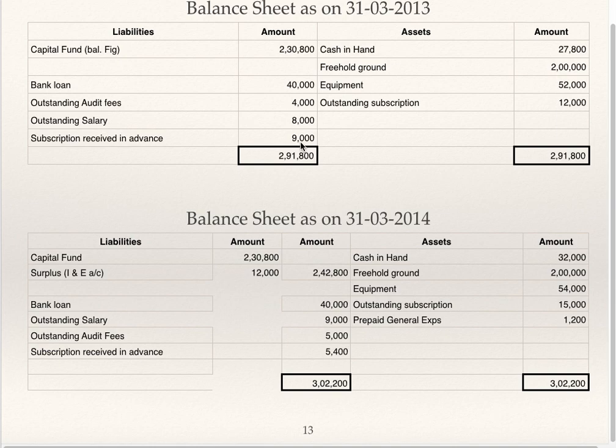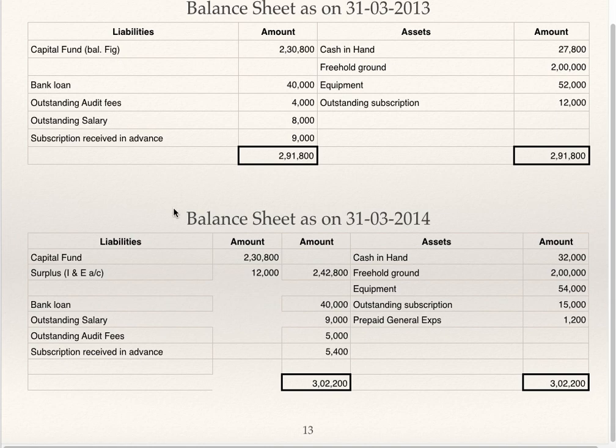Take the total of assets minus all liabilities, which will be the capital fund, and it will be taken to the closing balance sheet in the inner column. Capital fund, add surplus as per income and expenditure account. Cash in hand is given, freehold ground, equipment, outstanding subscription, prepaid general expenses. Then bank loan, outstanding salaries, outstanding audit fees and subscription received in advance. This is how you are supposed to prepare the opening balance sheet.